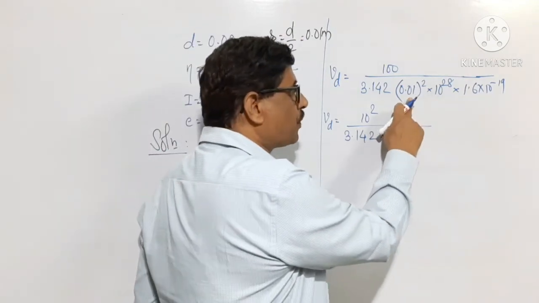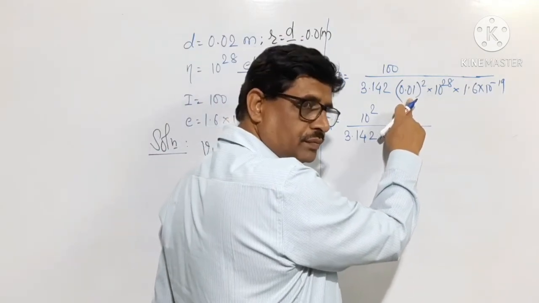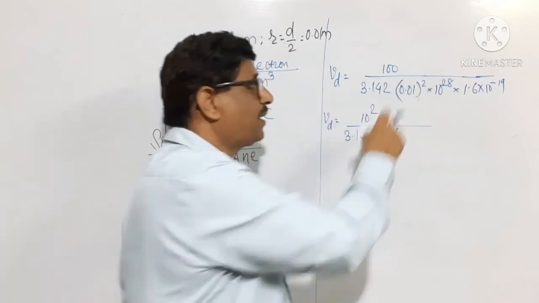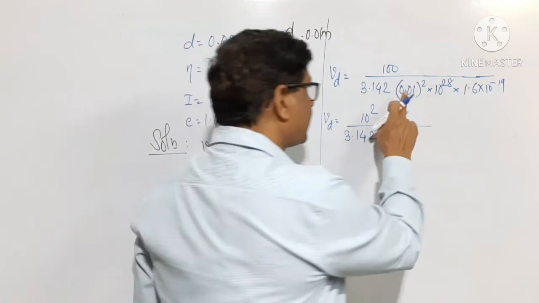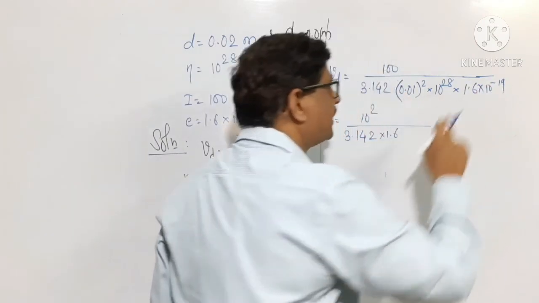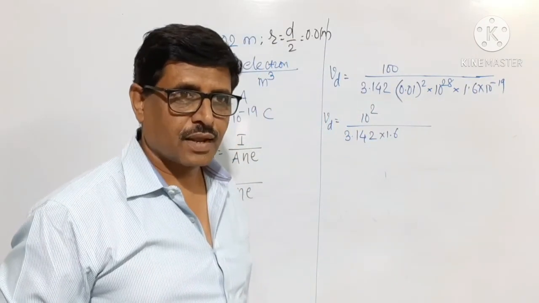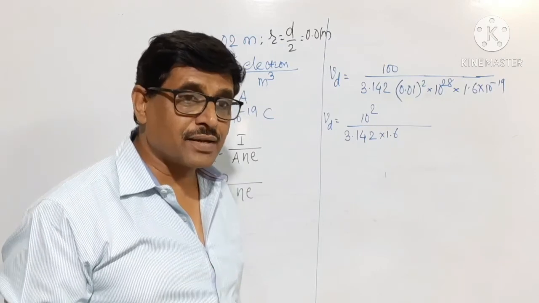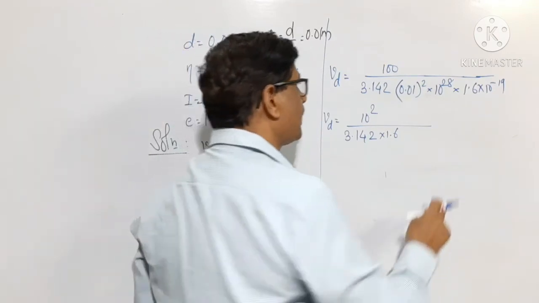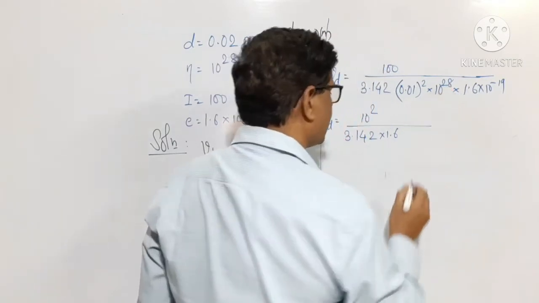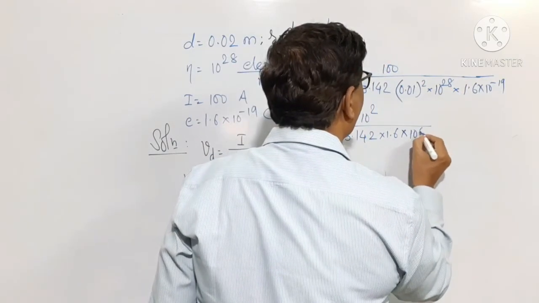Actually it is 10 to the power of minus 2, and the square of that is 10 to the power of minus 4. Minus 4 minus 19 is minus 23. Minus 23 plus 28 should be 10 to the power of 5.